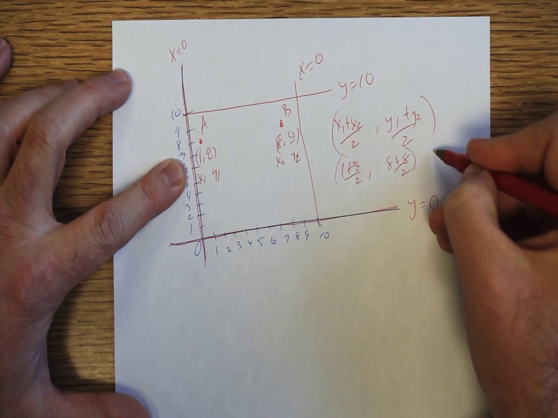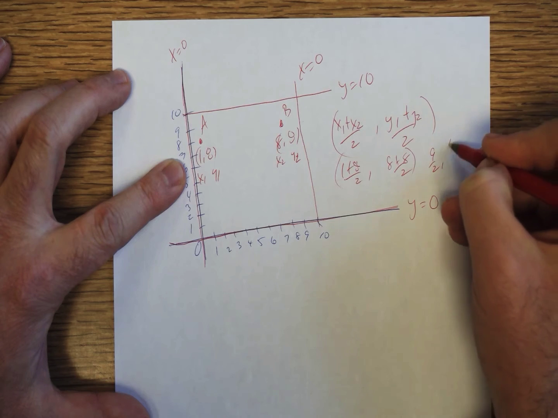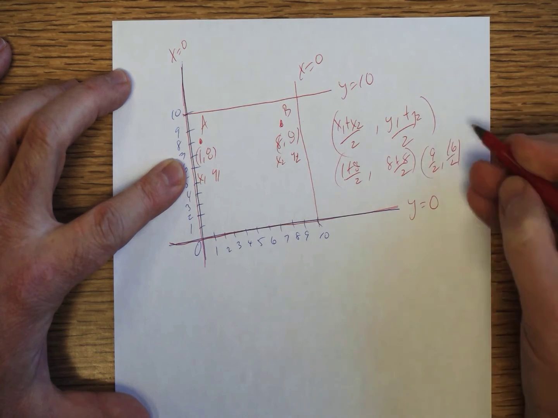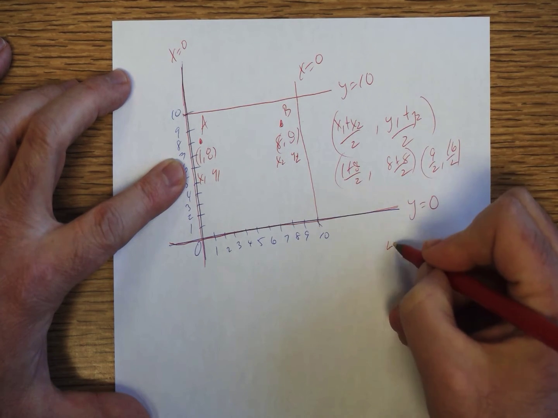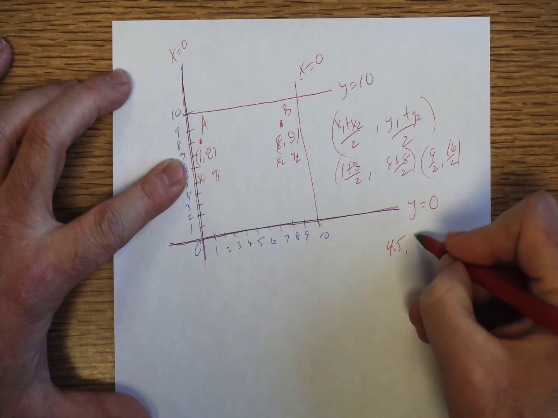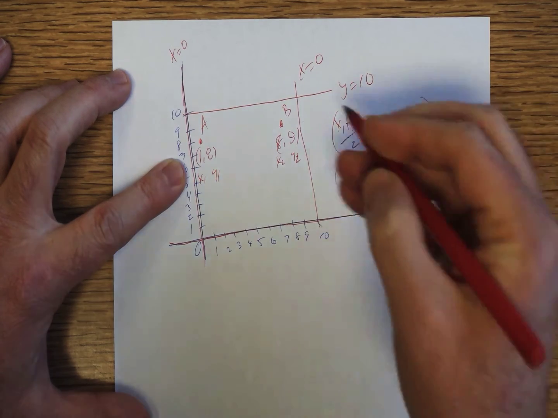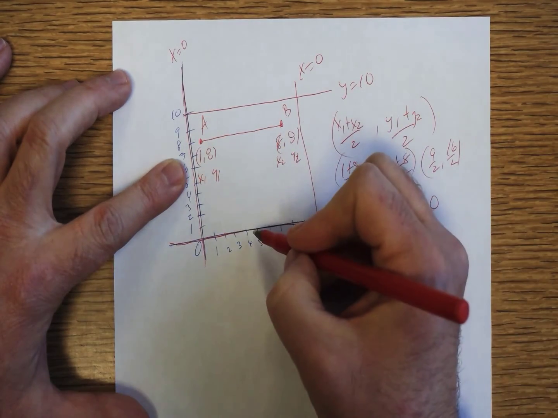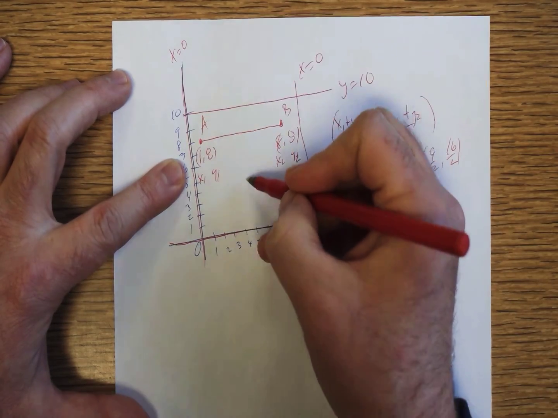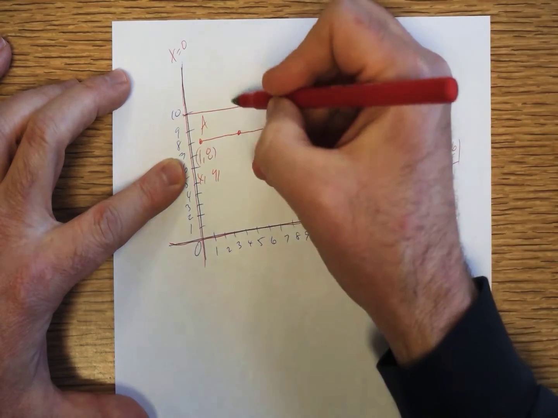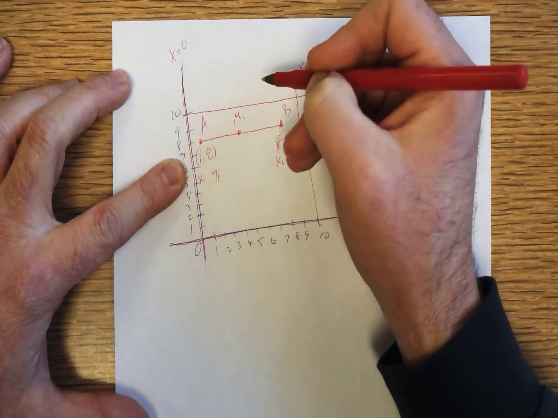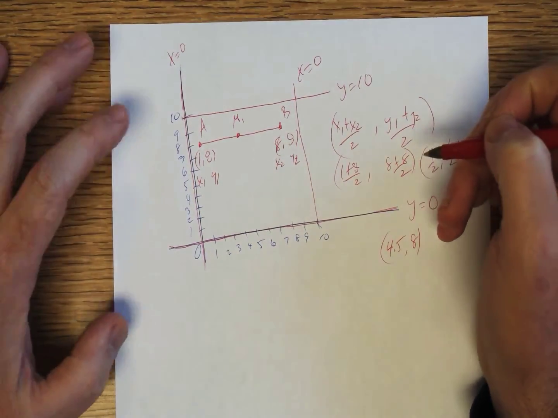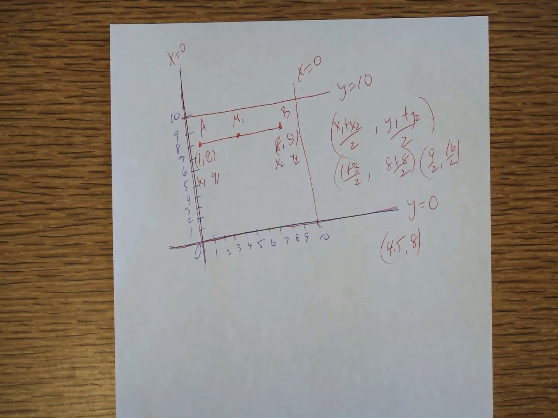And so that's 9 over 2 and 16 over 2, which you can leave as 9 over 2, or you can call it 4.5 comma 8. So this midpoint is going to be at 4.5, right about there. And then we're supposed to label this M1. There we go.